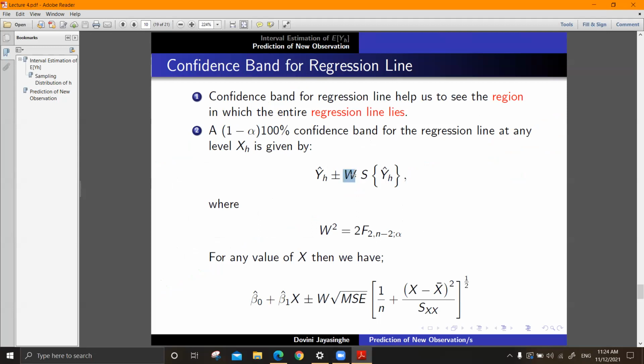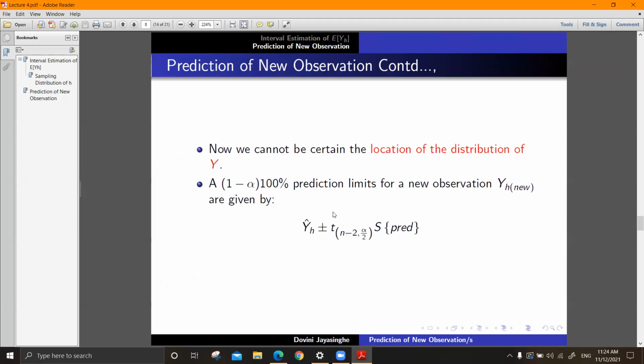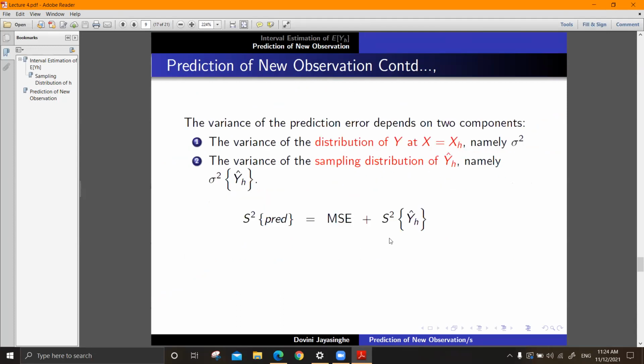This is not the sums of squares, it is not that thing. W squared is basically this one. This is just like the critical value, something like this, F distributed.